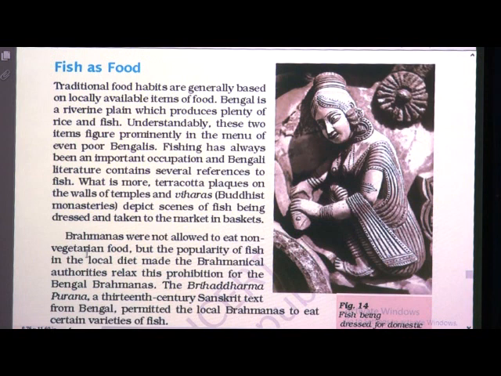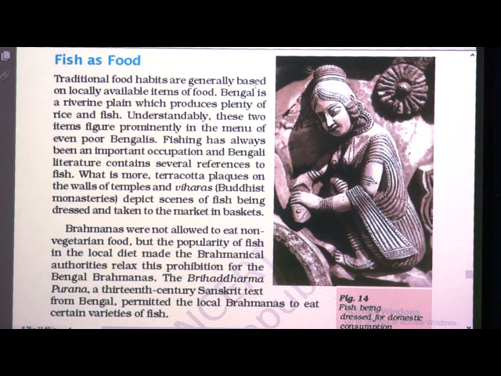Now we will go to the next topic, that is fish and food. Traditional food habits are generally based on locally available items of food. Bengal is a riverine plain which produces plenty of rice and fish. Understandably, these two items figure prominently in the menu of even poor Bengalis.